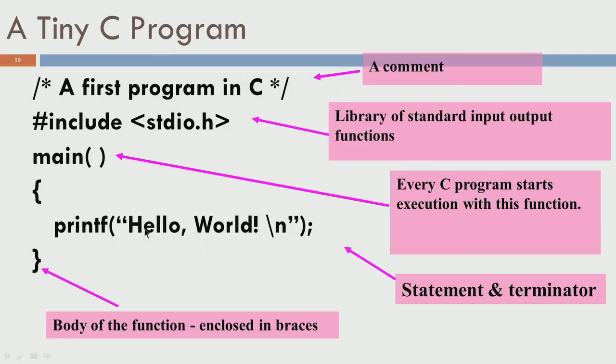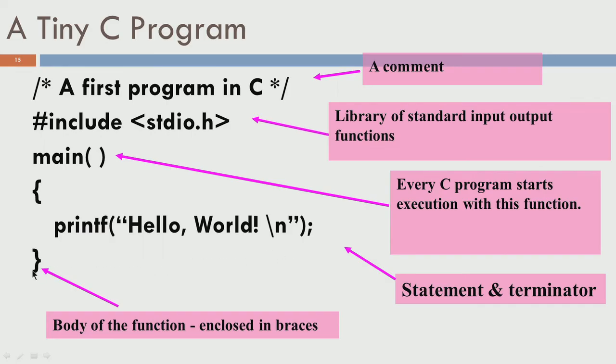So, you can say printf hello world and it will print hello world on the screen. You can say print hello your name, it will print hello and your name on the screen and so on, but every statement is terminated with a semicolon, and the body of the function is usually within the braces. So, this is a fairly simple program. If we compile it and run it, it will print hello world on the screen.